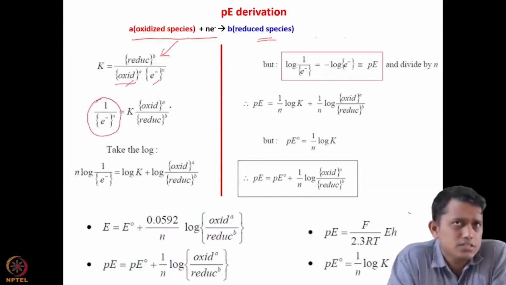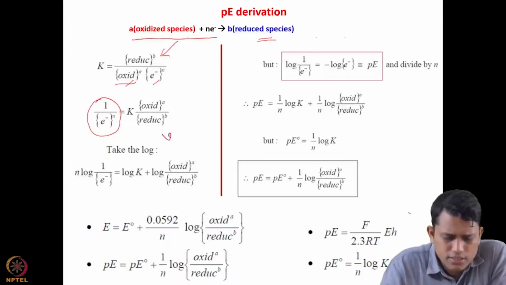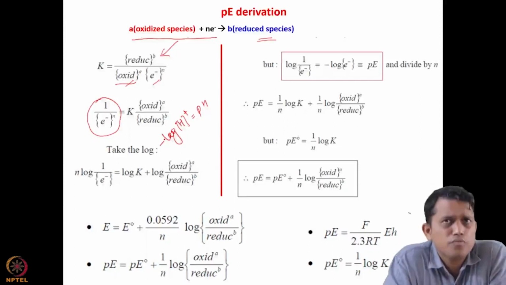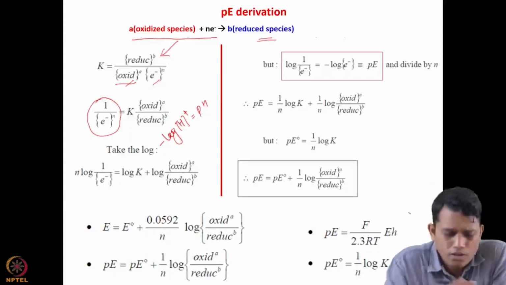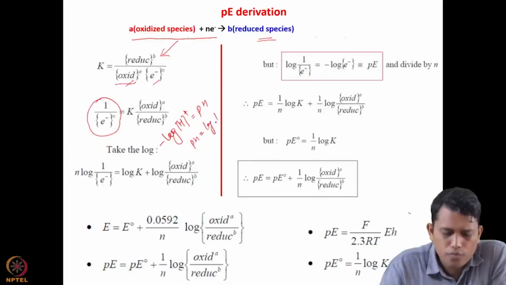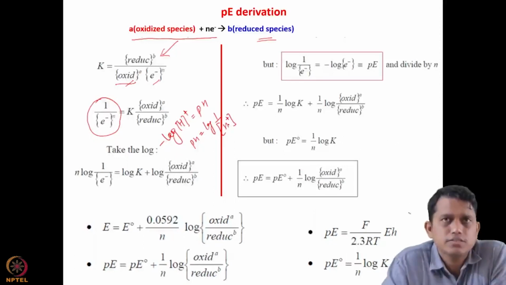Let us see what we mean by pH. pH is nothing but minus log of proton concentration, or I can write pH is equal to log of 1 upon H plus.